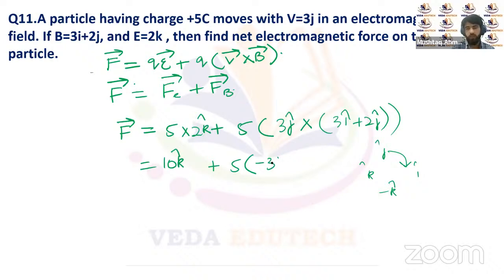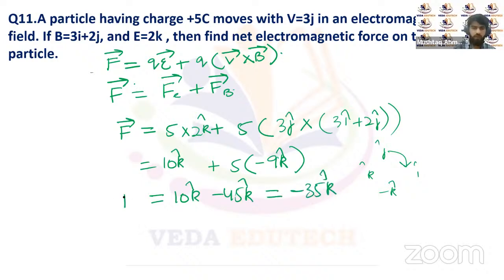Minus 9 k cap, and we are left with 10 k cap minus 45 k cap. So the net force is along the minus k cap direction, or we can say the negative z axis. This is the net electromagnetic force vector on this charged particle.